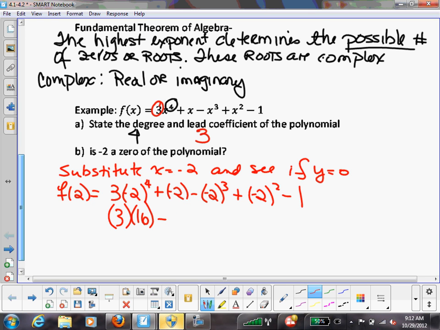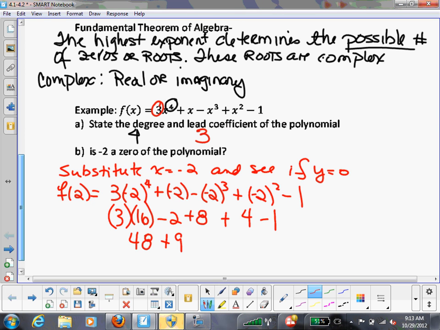And then this is going to be minus 2 times... this is going to be -8, but then really it's going to be positive 8. No calculators because I want you getting these signs right. Okay? And then plus 4 and then minus 1. So this is 48. This is 6, 10, and 9.